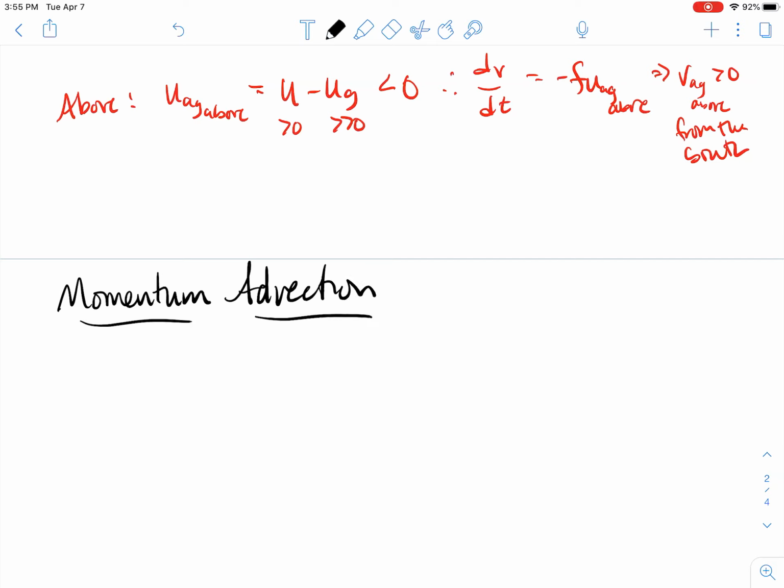And it turns out that from our momentum advection, we are going to get the same result.